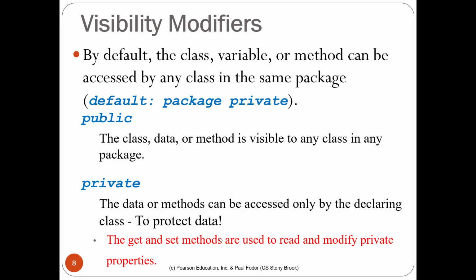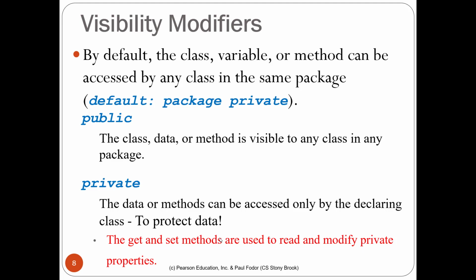Access modifiers, which are also called visibility modifiers. What are these? We know about public and private. I was saying that you should make all data members private, and you should make accessors and mutators, which are getters and setters, public. So what are these public and private? And what about when you don't declare anything as public or private?